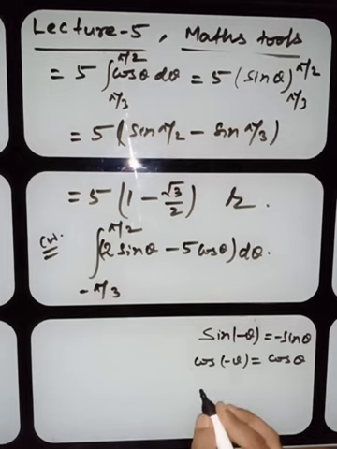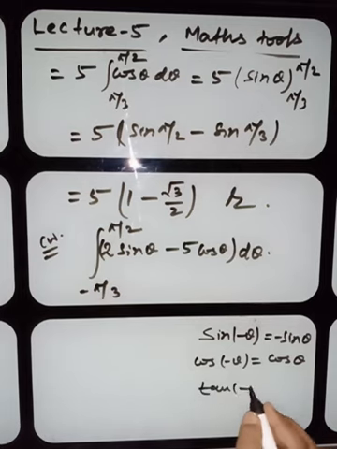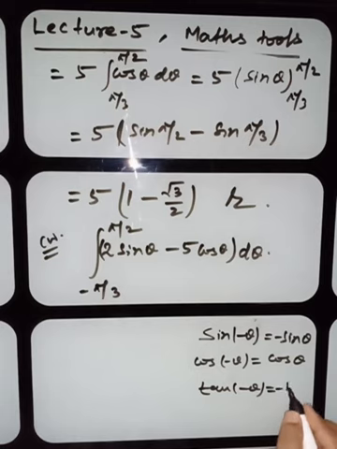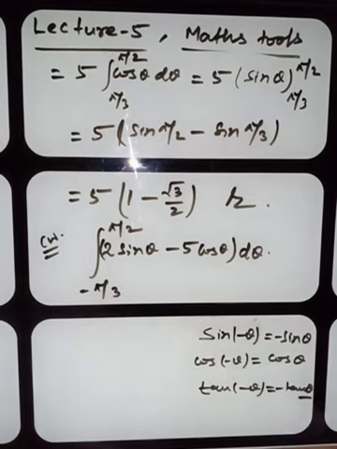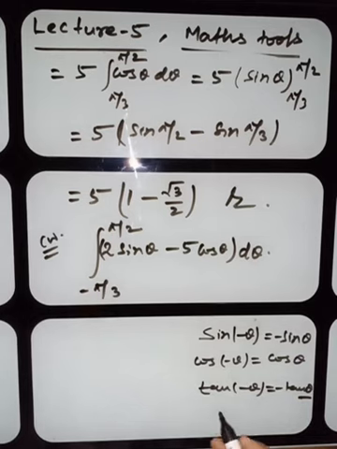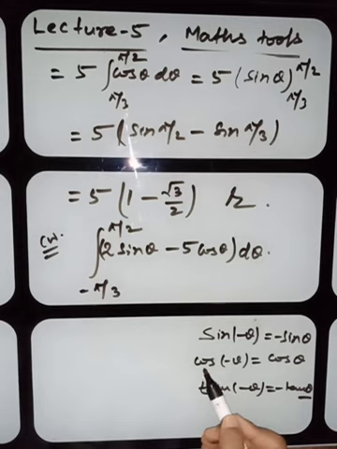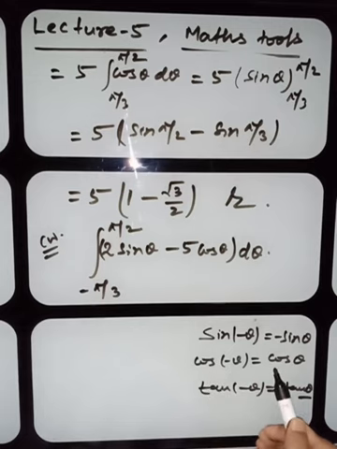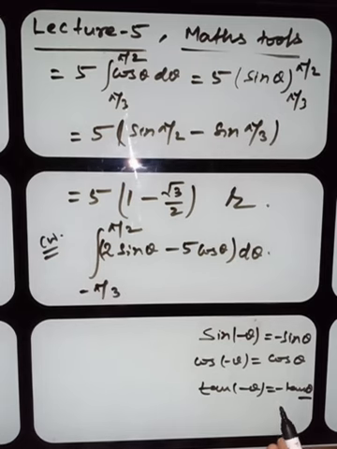And tan of minus theta is minus tan theta. Always remember this. Try to note it down in your copy somewhere. Sine minus theta is minus sine theta, cos minus theta is plus cos theta, tan minus theta is minus tan theta. Maybe you need to use it in this question.